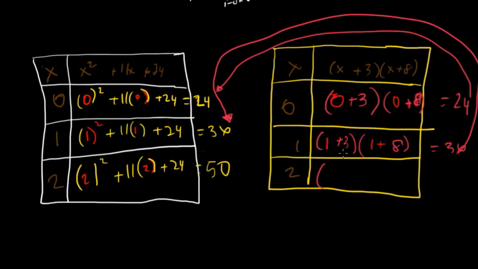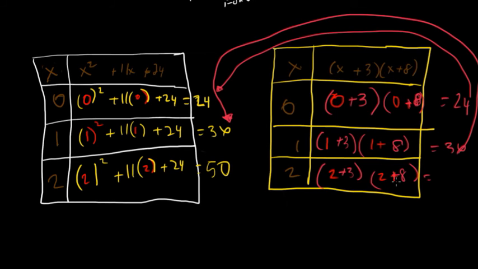Okay, so now we're going to substitute a 2 for every x that we see. So 2 plus 3 multiplied times 2 plus 8. 2 plus 3, that'll give me 5. Then multiply times 2 plus 8, which will give me 10.